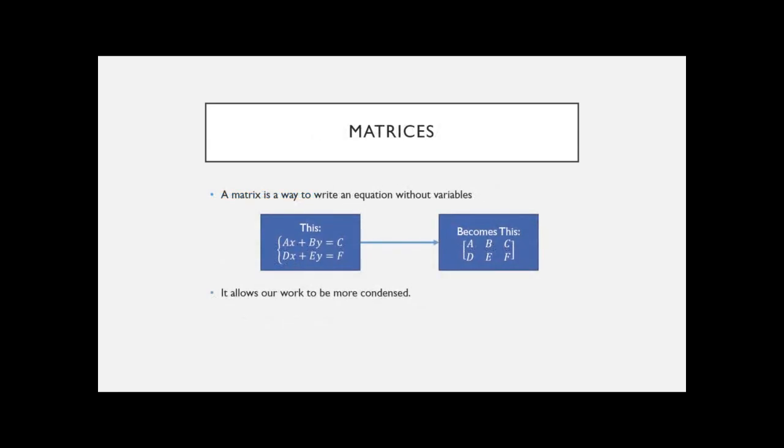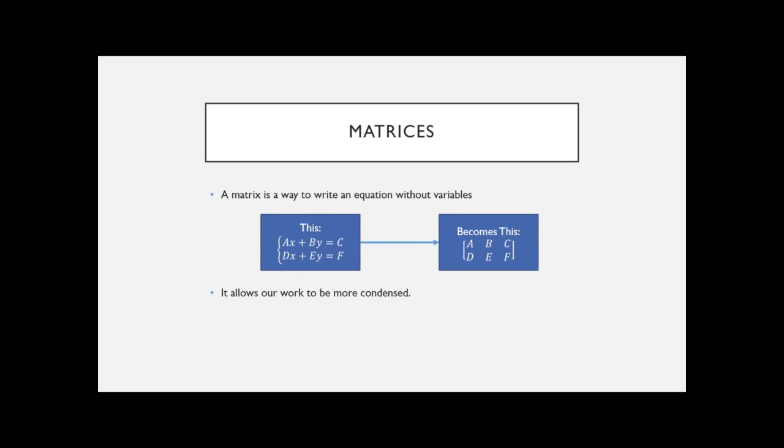So just to give you some background on matrices: it's matrix, and the plural is matrices. This actually comes from, I forget if it's Greek or Latin, but they have weird endings where the x turns into a ces. A matrix is basically writing an equation without variables. You put all the variables on the left and the constant on the right.